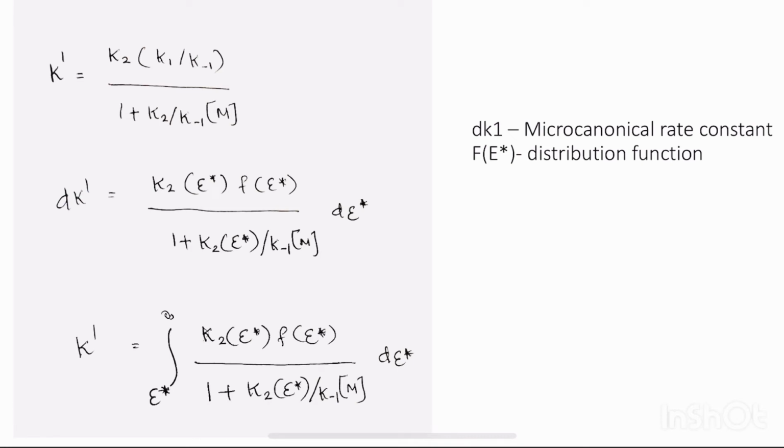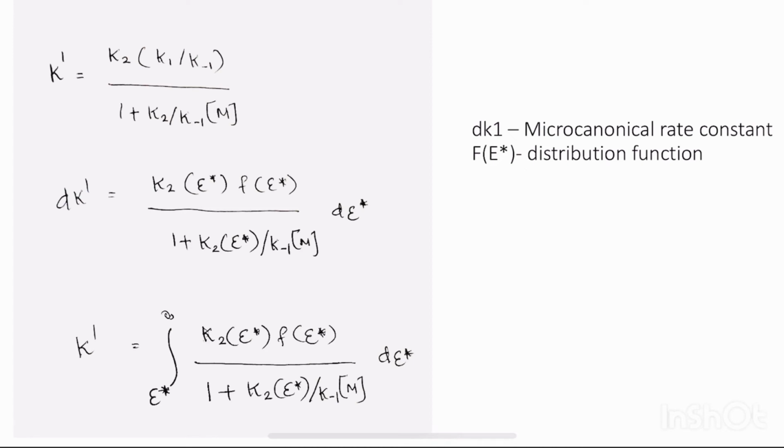where f of epsilon star is a distribution function, and this equation can be written as dk1, which represents a small change in energy, that is, epsilon 0 changes to epsilon 0 plus d epsilon 0 star.